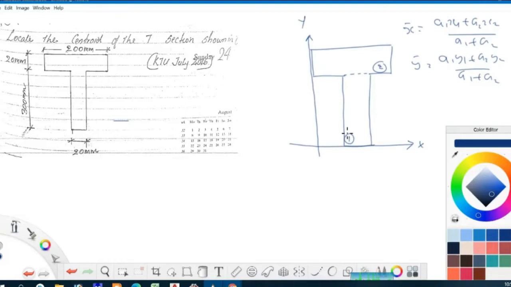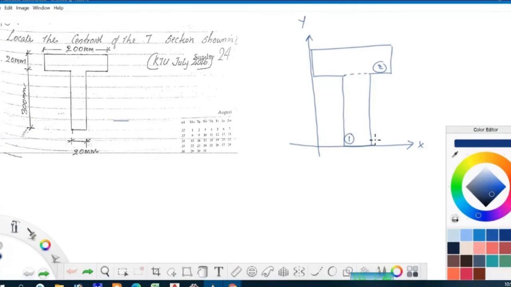If there was another portion, like an I section, one more term would be there: a3 x3 divided by a1 plus a2 plus a3, and similarly for y bar, a3 y3.